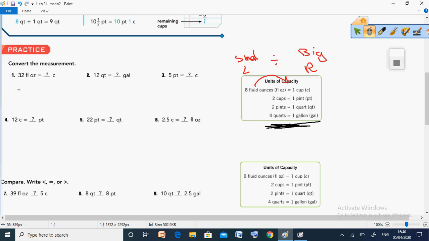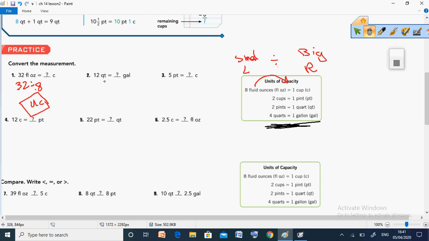Now 32 divided by 8 is 4 cups. I divided by 8 because I am converting from the small one to the large one, because cup is greater than oz, so from smaller to bigger we have to divide.